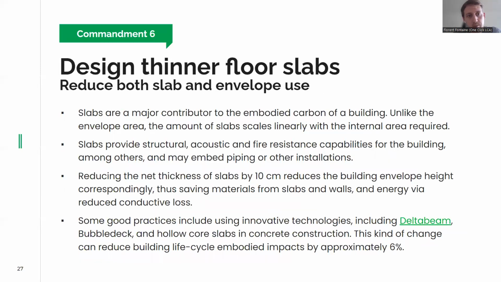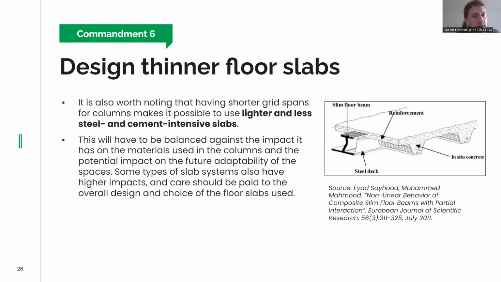So number 6 would be design thinner floor slabs, to reduce both slab and envelope use. Slabs are a major contributor to the embodied carbon of a building, and unlike the envelope area, the amount of slab scales linearly with the internal area required. So the idea is to reduce once again the quantity of material while keeping the same acoustic, structural, and other performance, fire resistance, for example. And for that, you need to look for different alternatives.